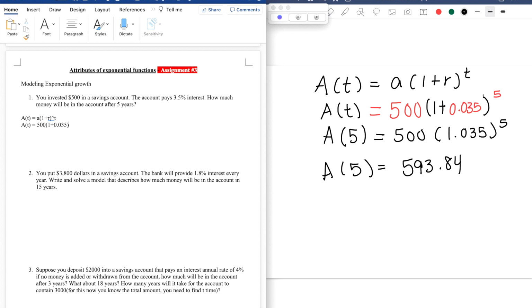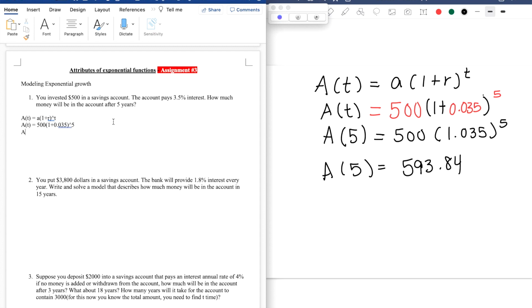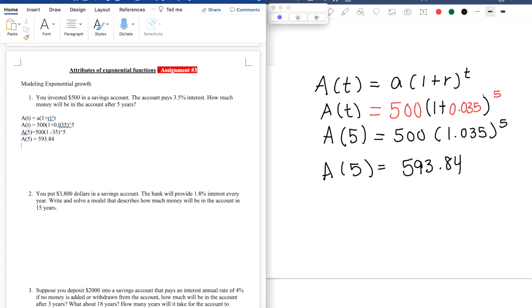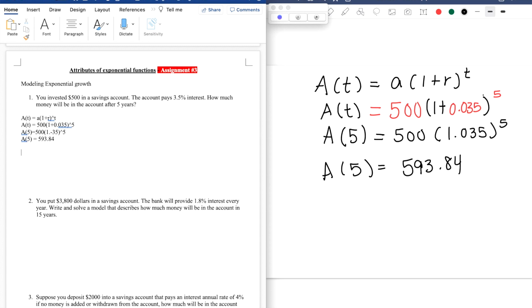Just type up your work. And at the very end, just answer the question: how much money will be in the account after 5 years? After 5 years, there will be $593.84 in the account. And there you go.